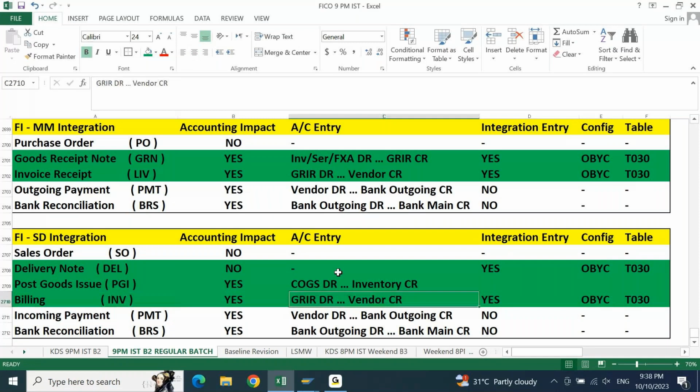Next one is your billing. During the billing, your accounting entry will be customer debit, sales credit.